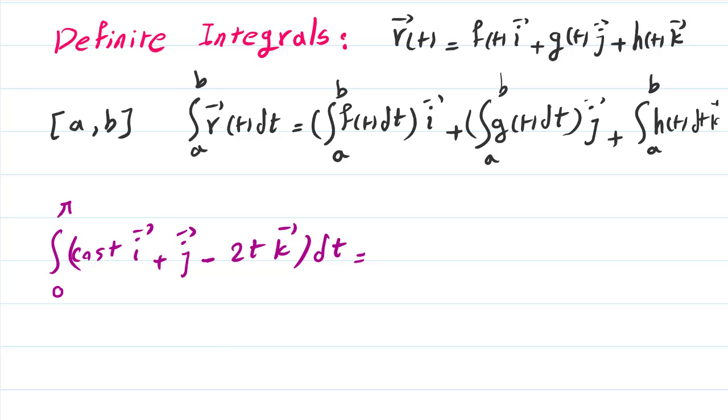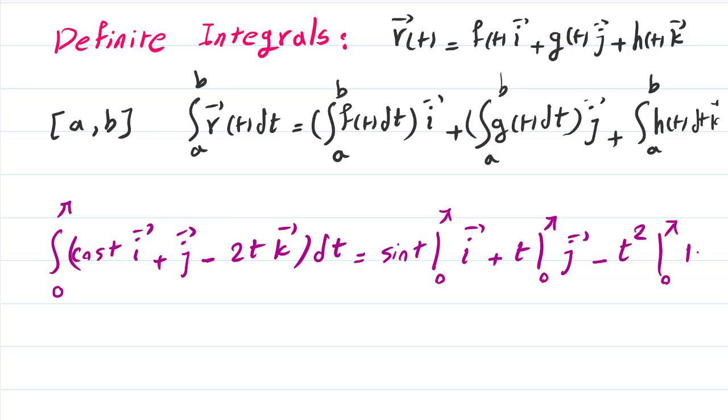We have sine of t from 0 to pi i plus t from 0 to pi j minus t squared from 0 to pi k.